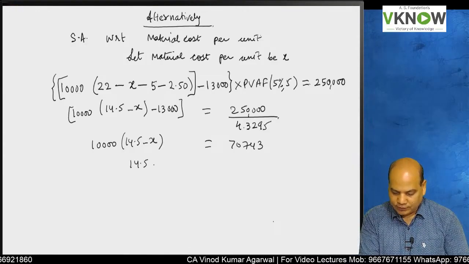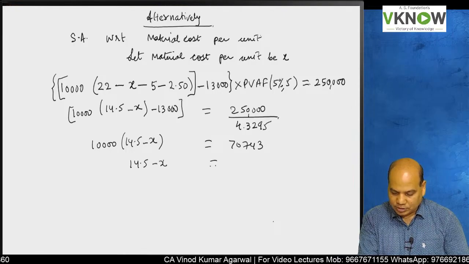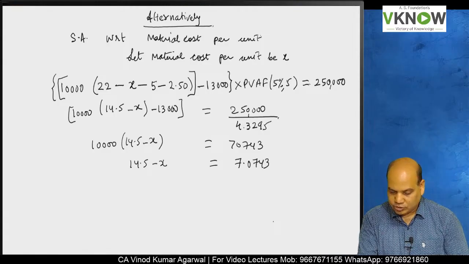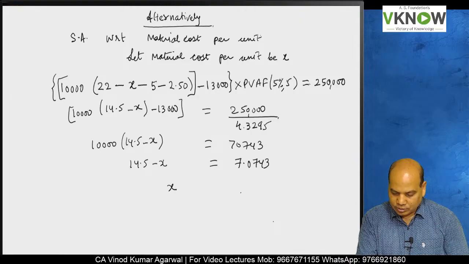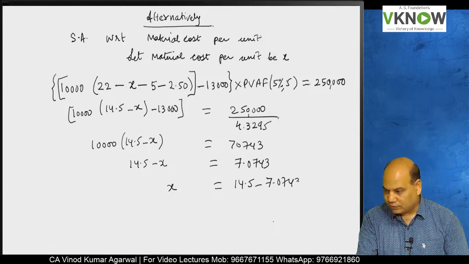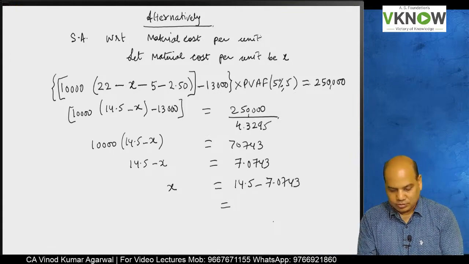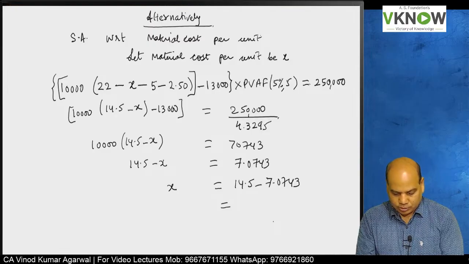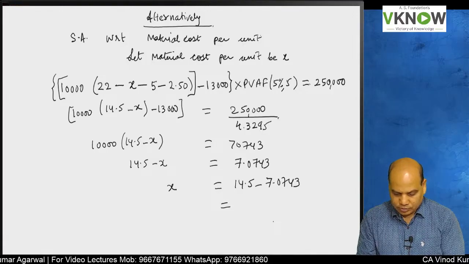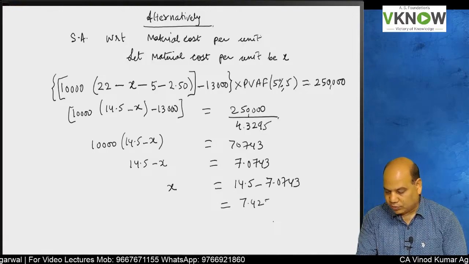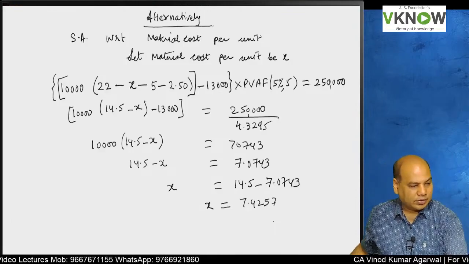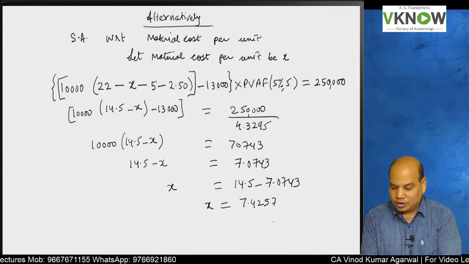Then 14.5 minus X will be equal to 7.0743, because I divide by 10,000, and X will be equal to 14.5 minus 7.0743. You are getting the same answer, 7.4257. This is your material cost per unit required.